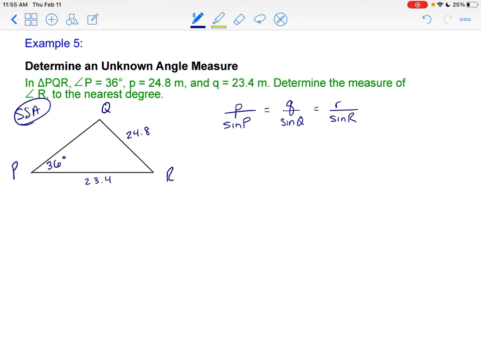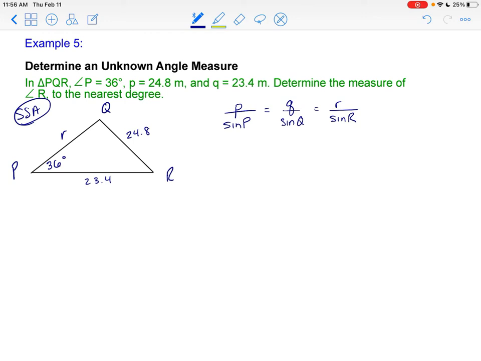We look at which arrangement of this we want to use, and we're looking for angle R, but we don't know side r, which would be over here, of course. So we're not going to be able to use that right away. We have side q, so we can try to find angle Q.